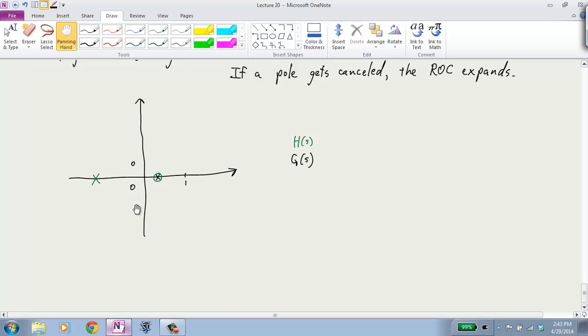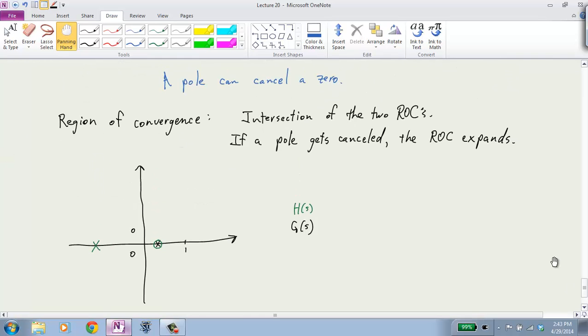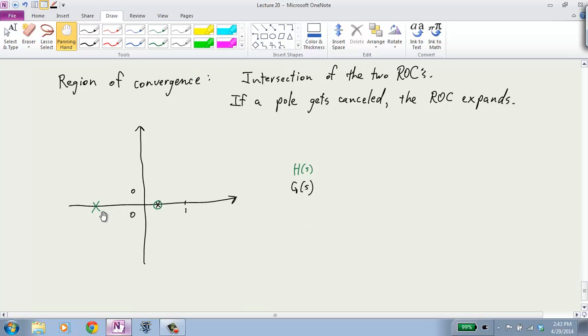And what's the region of convergence of the combined system? Well, since there's only one pole, it has to either be to the right or left. And I've said that when you cascade them, you take the intersection of both regions of convergence, which were to the right. So the resulting thing is also to the right. It's also a causal system in the end.